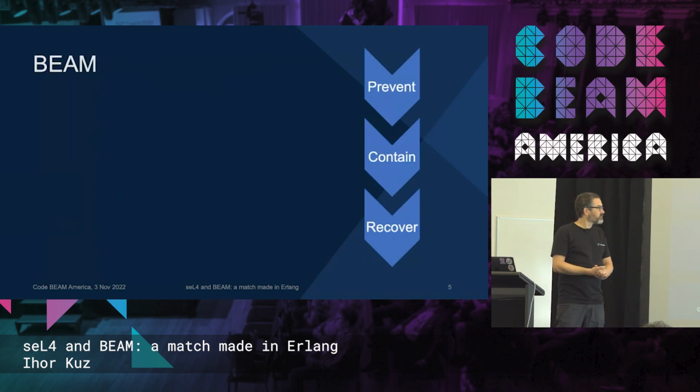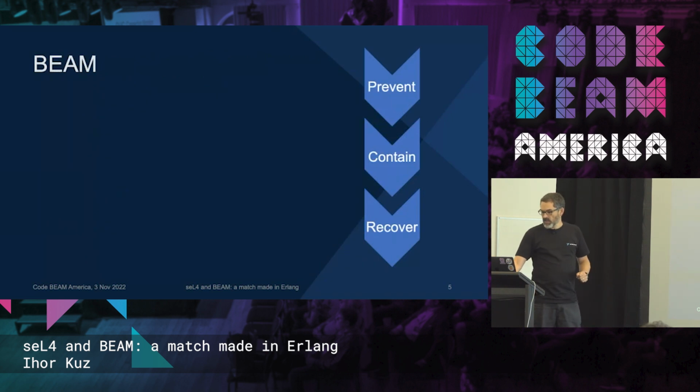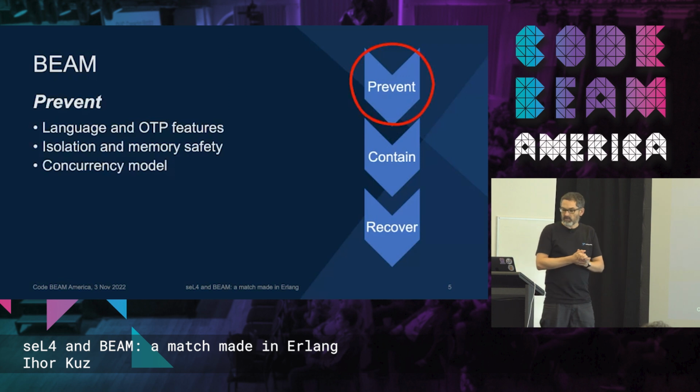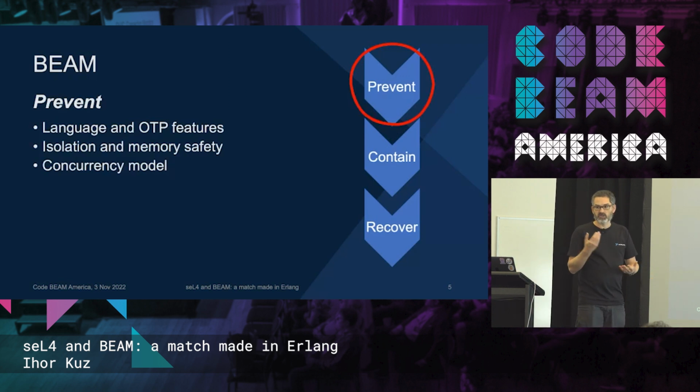So everyone here should know what Beam is. Beam and its related languages, Erlang, Elixir, and so on, and the frameworks are really good at helping us prevent problems. The languages and the OTP features steer us towards writing better code, better structured code, building systems so that they don't have as many vulnerabilities or problems, and dealing with faults and so on.